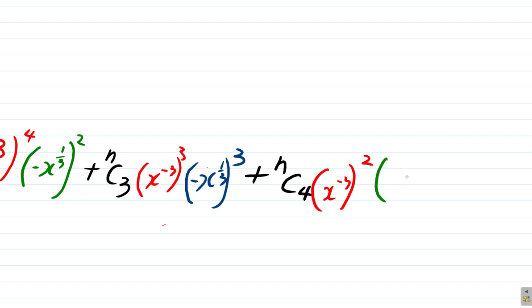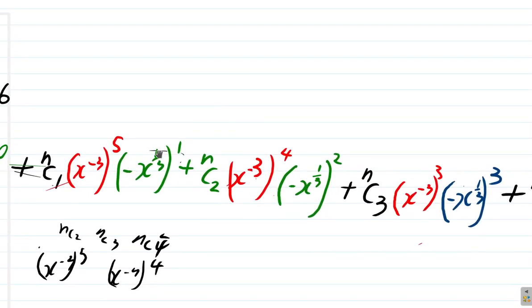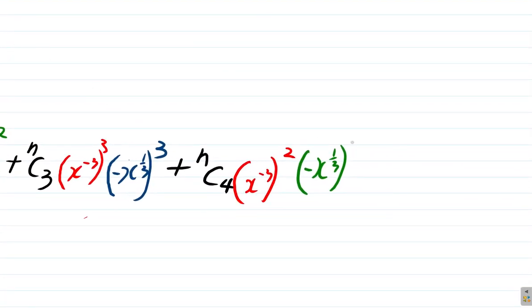And then negative x to the 1/3 to the power of, what's the new power? It was negative x to the 1/3 was to the 1, then it goes to the 2, then to the 3. So now it is to the 4th. Right? So you have to just follow the pattern of the binomial expansion. Alright?